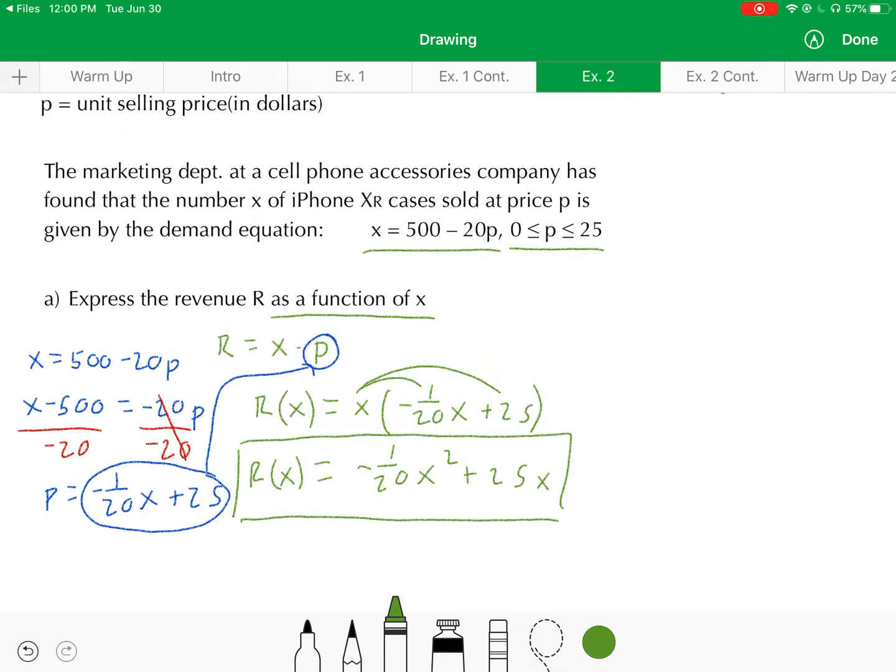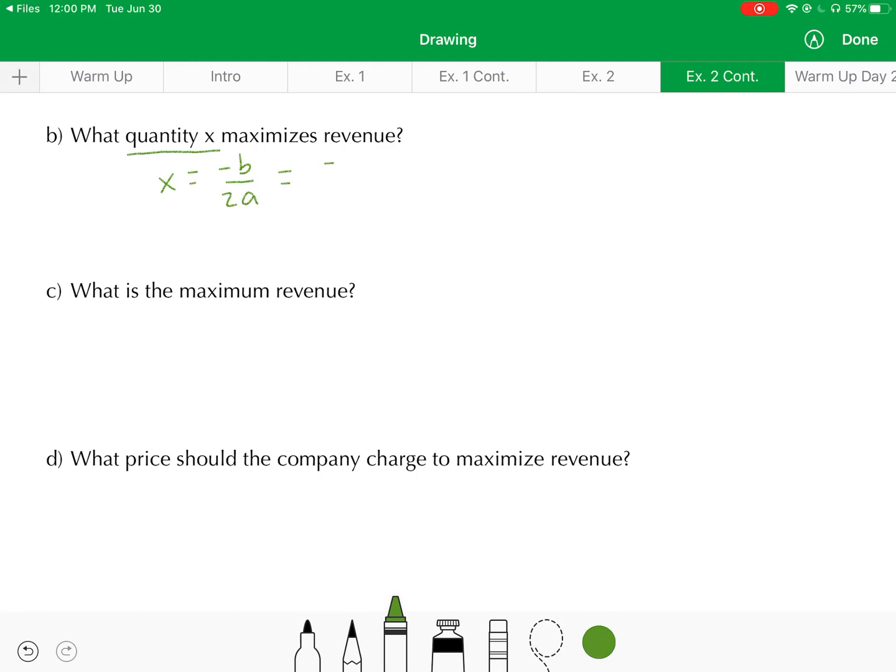If you go back and look, your B value is 25, your A value is negative 1/20th. So that would be negative 25 over 2 times negative 1/20th. It's going to be negative 25 over negative 1/10th, which is equivalent to 250 phone cases.